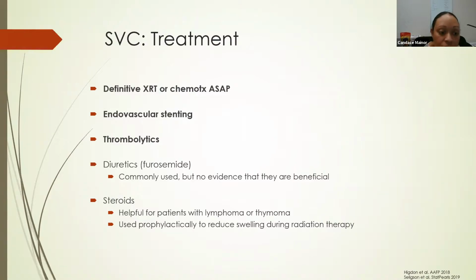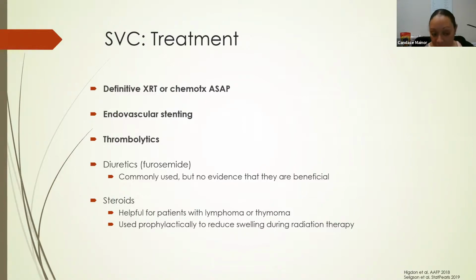So generally, treatment for SVC syndrome can include definitive chemoradiation or radiation, depending on the histology of the tumor type that's causing the SVC syndrome. In patients who have life-threatening SVC syndrome symptoms, endovascular stenting is used to reestablish blood flow. In some cases, thrombolytics are needed if there's a thrombus causing it.